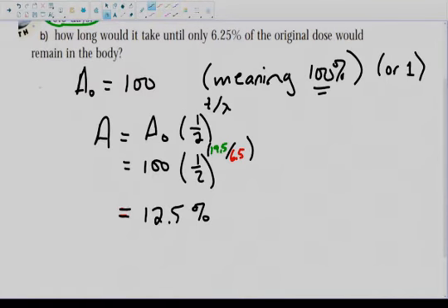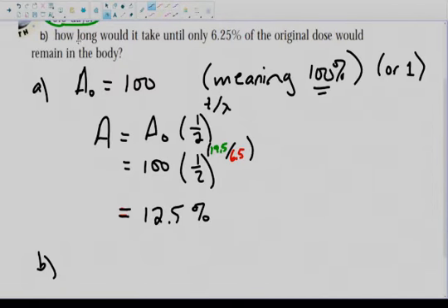Now that was question A. Question B says, how long would it take until only 6.25% of the original dose would remain in the body? So what is this quantity? This is not lambda. This is a final amount. So how long is a time value?